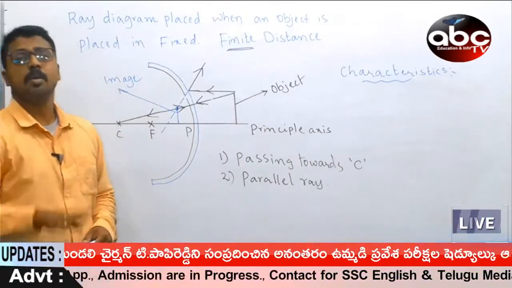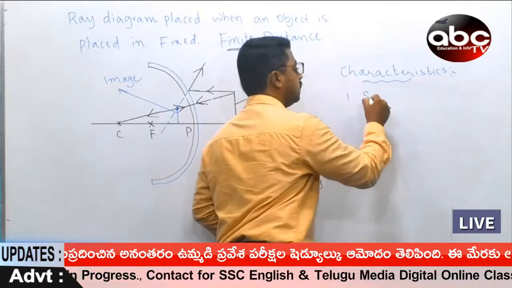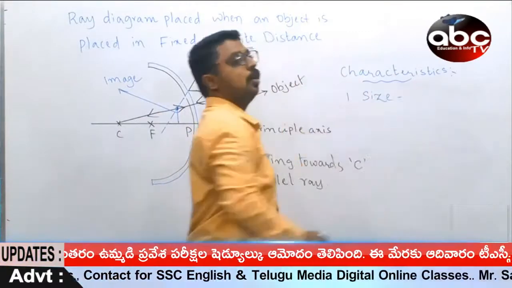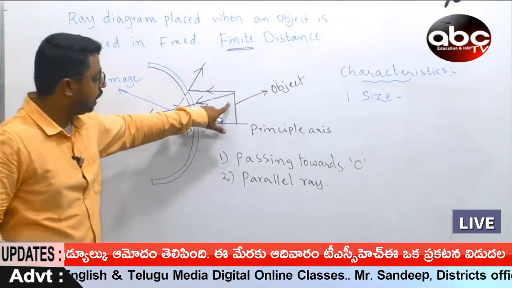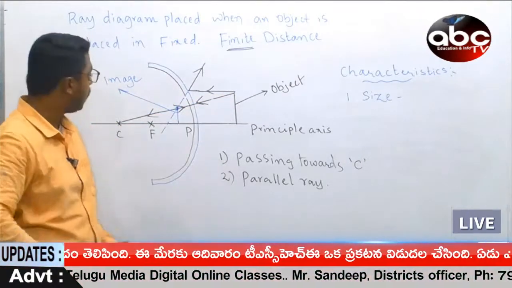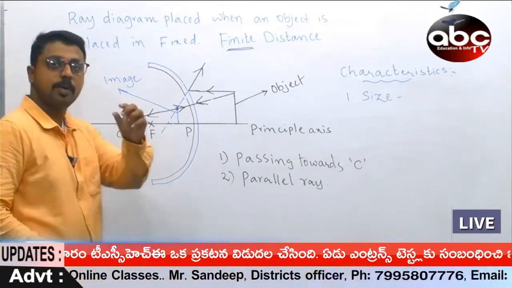As usual, we have four characteristics. The first one is called size. At this size, what are we going to expect? Here, the object is this much in size, whereas the image formed here is very small.